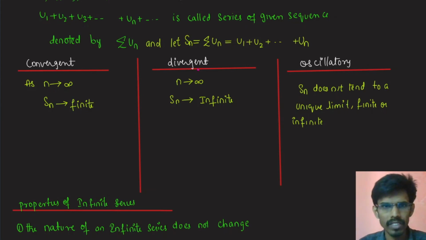Now divergent: when n tends to infinity, meaning the number of terms is infinite, and their addition becomes infinite, then the series will be divergent. And the third one is oscillatory. The Sn does not tend to a unique limit. That means it is neither finite nor infinite. Those kinds of series are called oscillatory series.